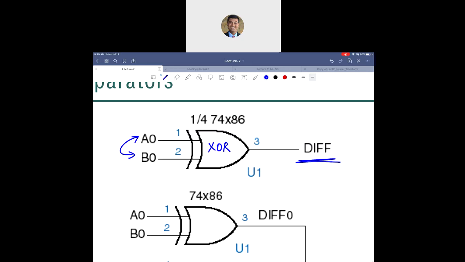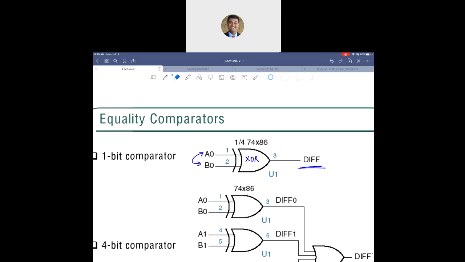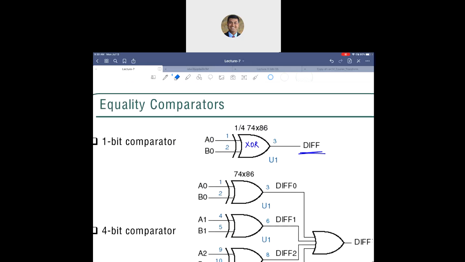So it is being used to check whether 2 bits A0 and B0 are different or not. So that's a 1-bit comparator. But it is a very simple comparator in that it is not telling us whether they are greater than or less than or equal. It is just telling you whether they are different or not. That's it.